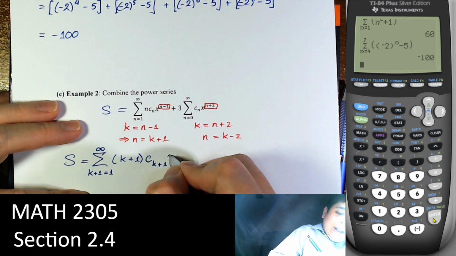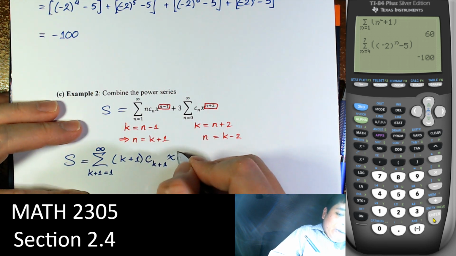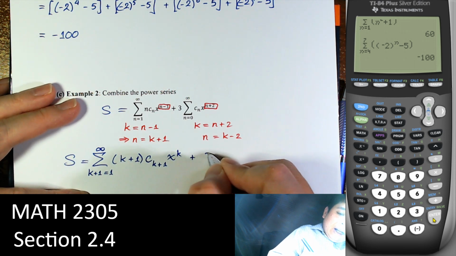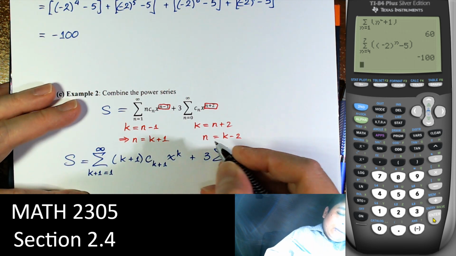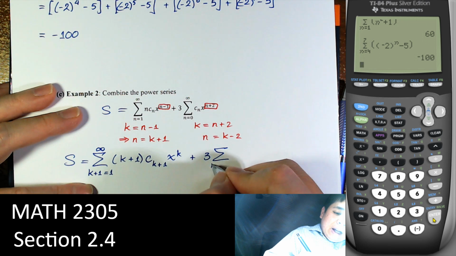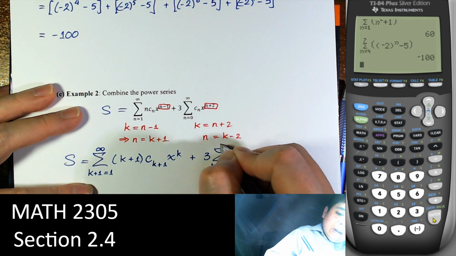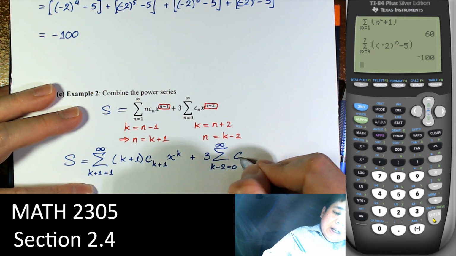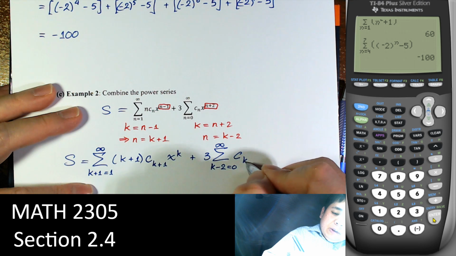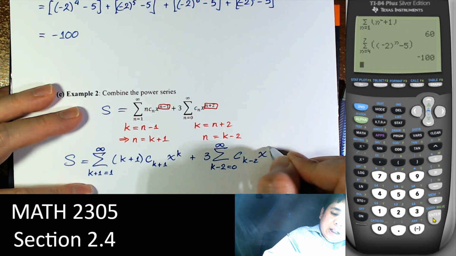And x, that is n minus 1, so that to the k. Then next, we plus 3 times n, which is k minus 2, c of k minus 2 and x to the k.